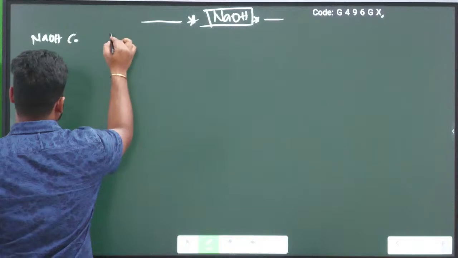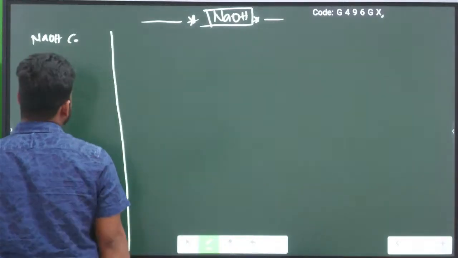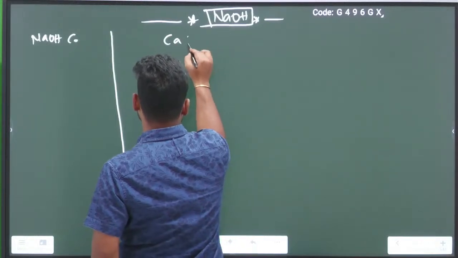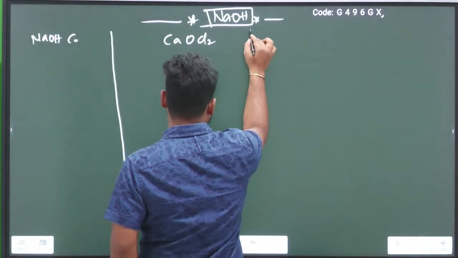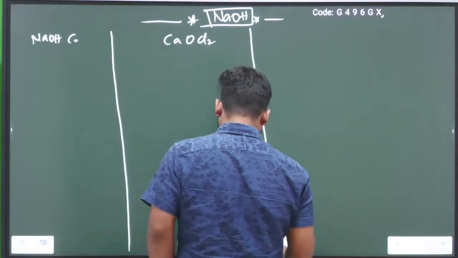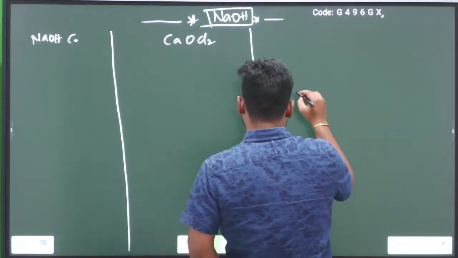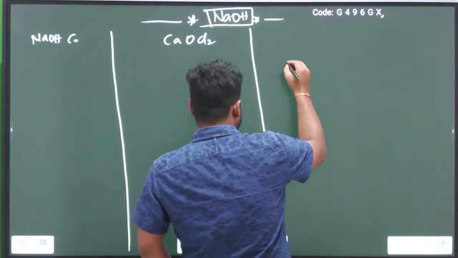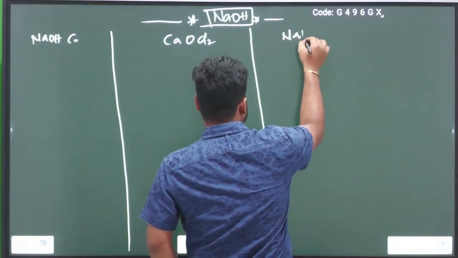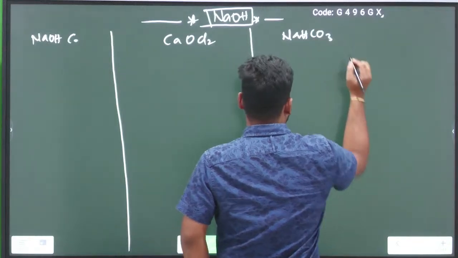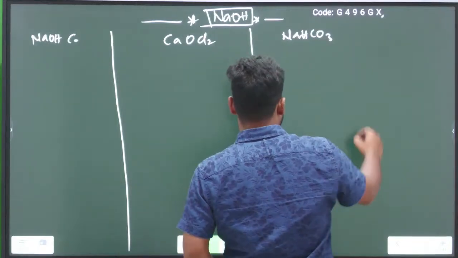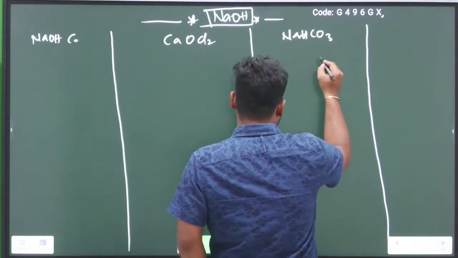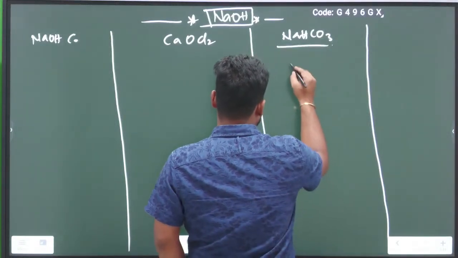You can write it. Take a gap, and the next one is CaOCl2. This is nothing but bleaching powder. And the next one is NaHCO3, the common name of sodium hydrogen carbonate, which is baking soda.